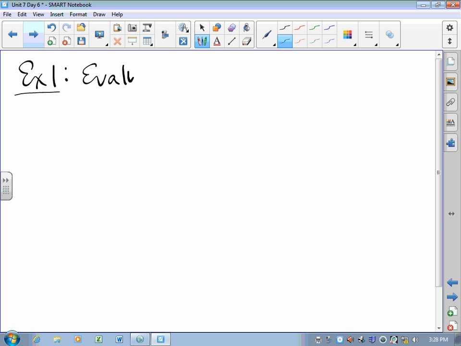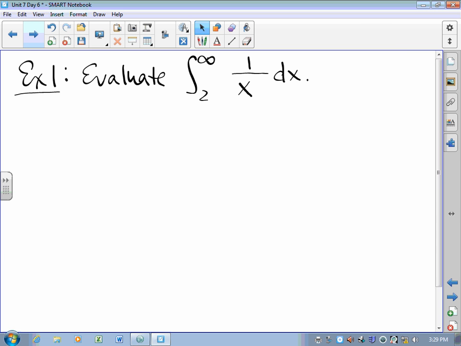So what the heck? Let's evaluate the integral from 2 to infinity of 1 over x dx. Looking for the area under the graph of 1 over x from x equals 2 all the way out to the right. I know how this works.